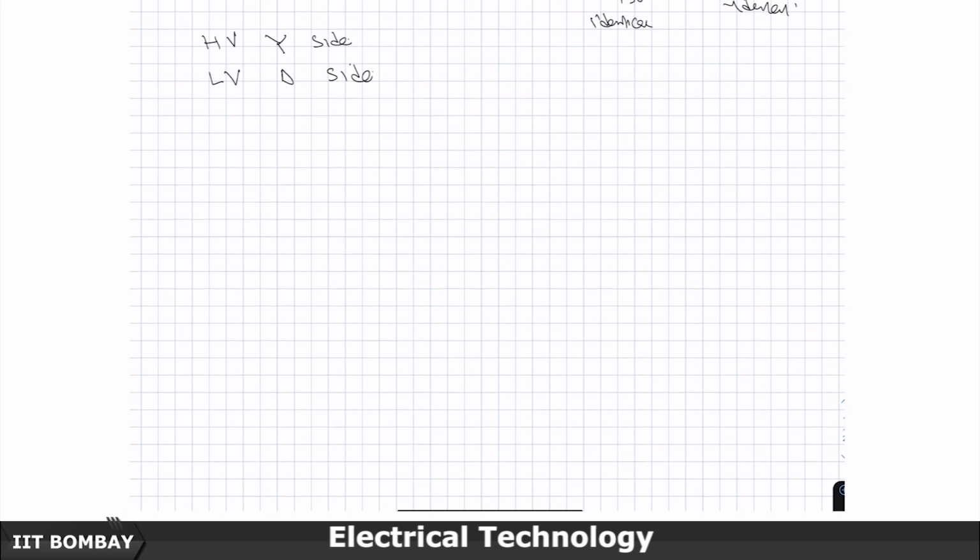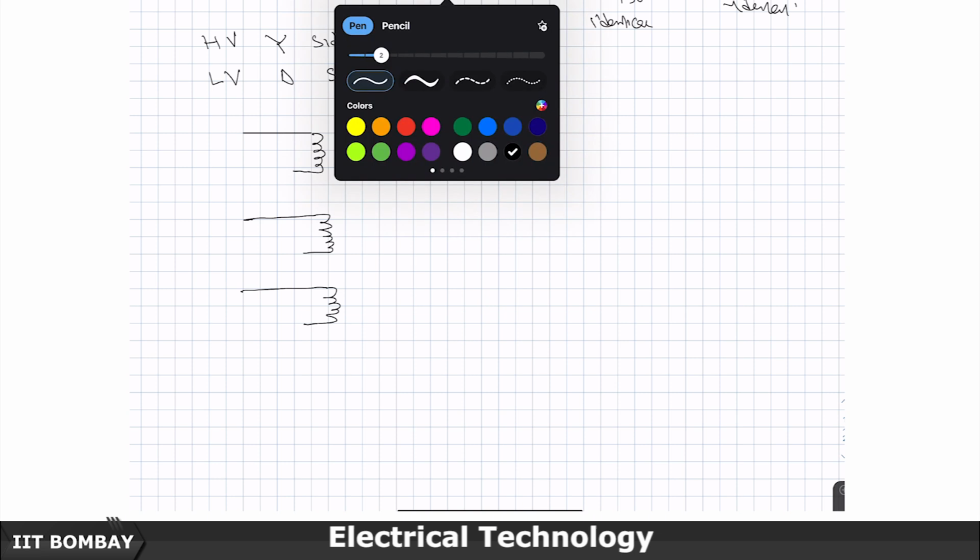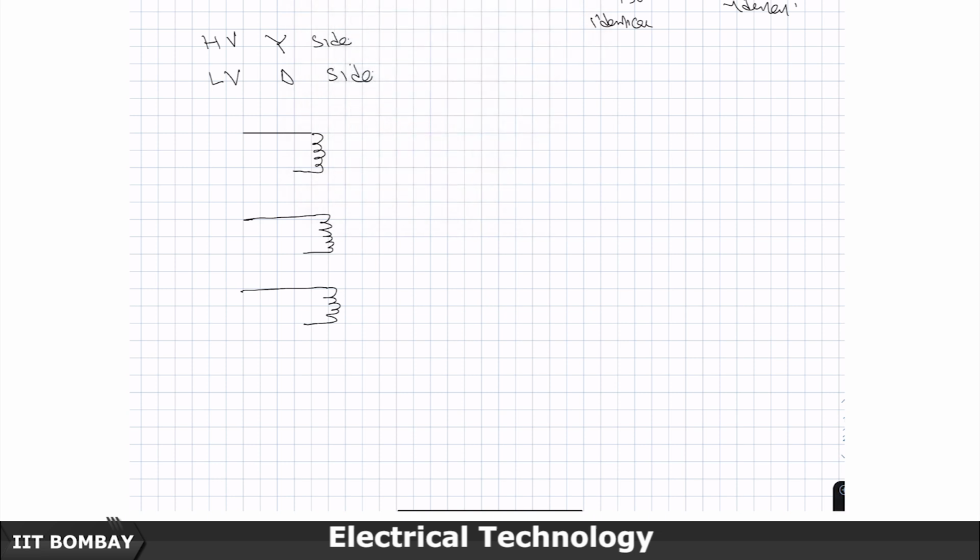So, I am going to use capital A notation for the HV side, and I write 3 transformers here. This is the primary winding of the first 3-phase transformer, the primary winding of the second, and the primary winding of the third. I connect them, this comes here and I ground them.